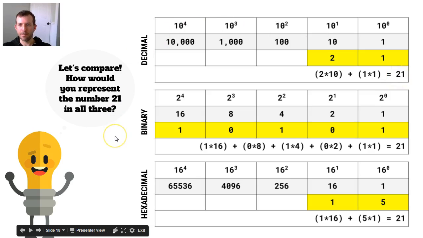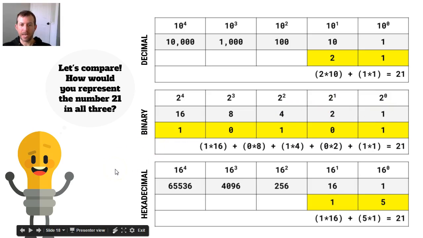In a binary system, it's a little different. I would actually have a 1, a 0, a 1, a 0, and a 1. This is my 1's place, my 2 place, my 4 place, my 8 place, my 16th place. And by adding 16 plus 4 plus 1, I'd get 21.